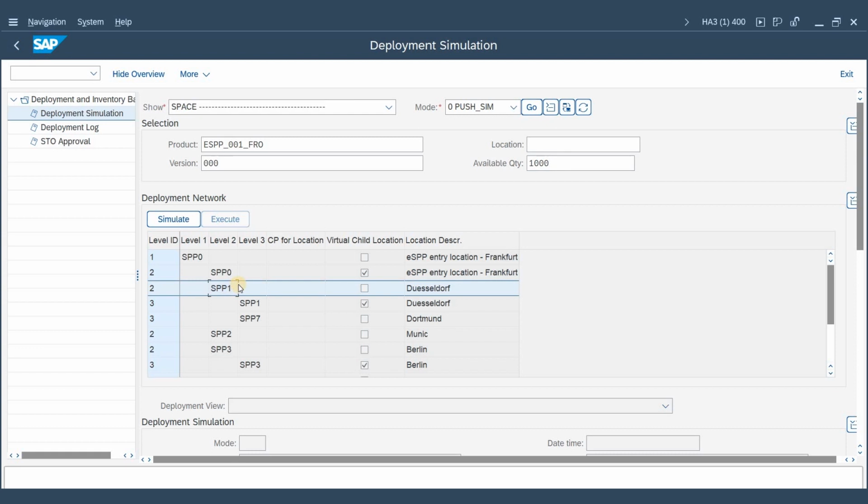Now what should happen when there is a demand on the virtual child or on the direct child SPP7, this quantity of 1000 units should be pushed out to the child location that has actually a demand in the replenishment lead time. So let's simulate.